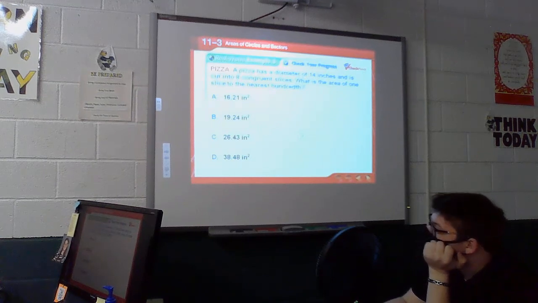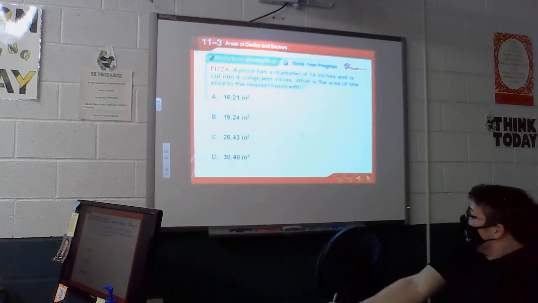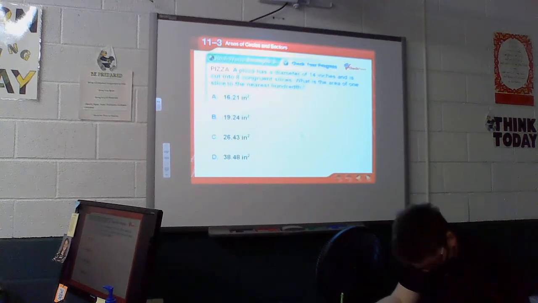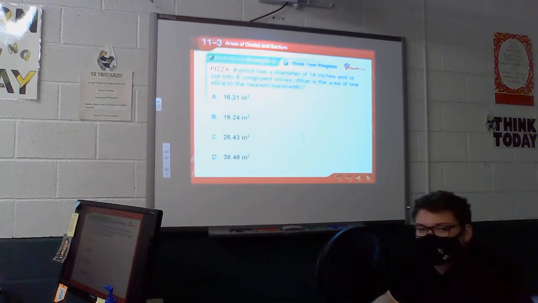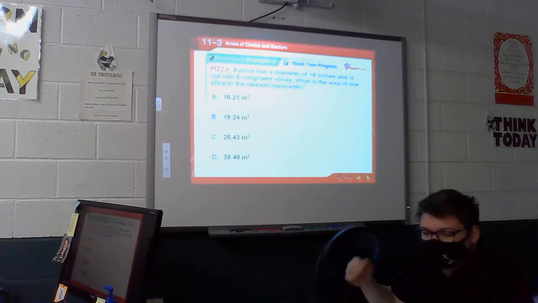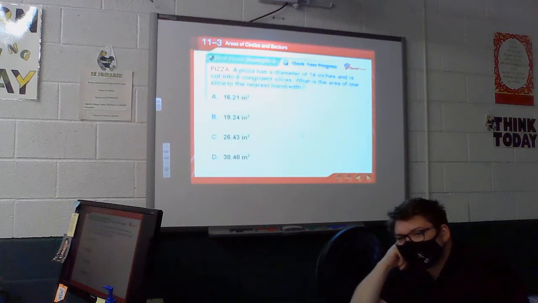If they don't say congruent slices, then you have to just be able to figure it out. You might be given something like this. If you're given a circle and they're asking you that this is X degrees, but then they told you that this part over here was, I don't know, 280 degrees.